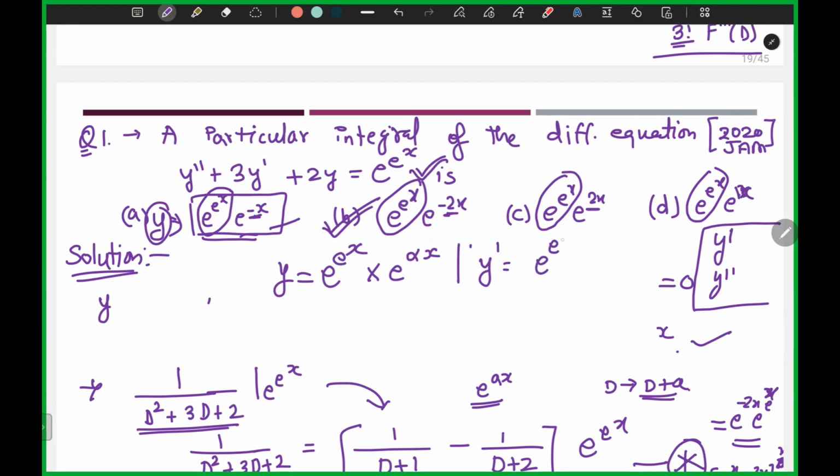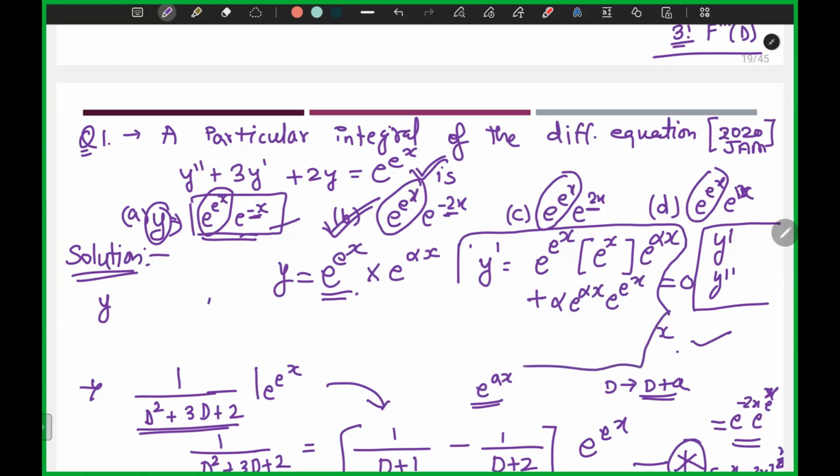e^(e^x). If you do the differentiation of this, what is y dash? Tell me. Alpha e^(alpha x). Alpha e^x, right? Plus alpha e^(alpha x) e^(e^x). Correct? Yes.